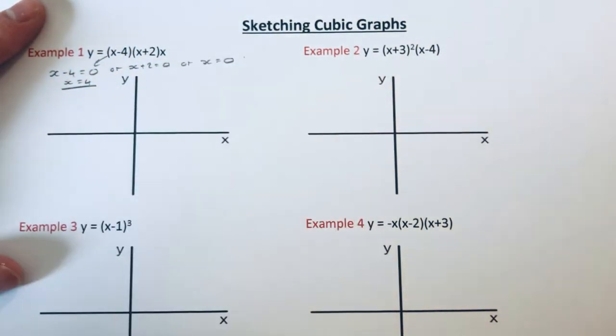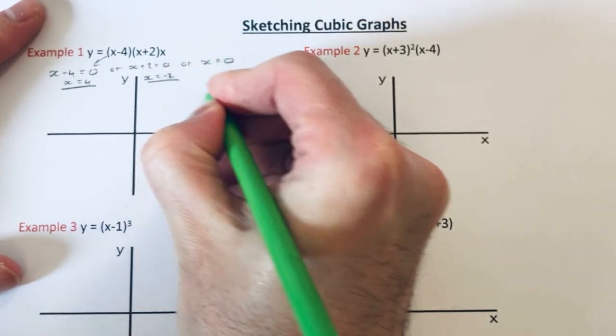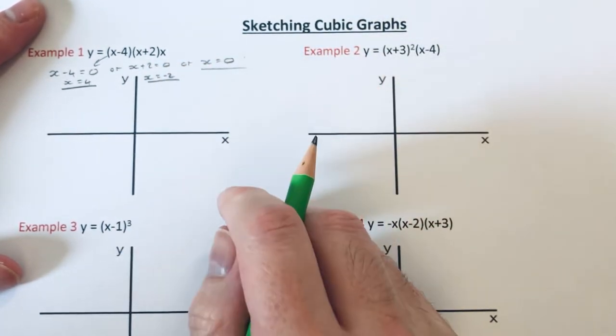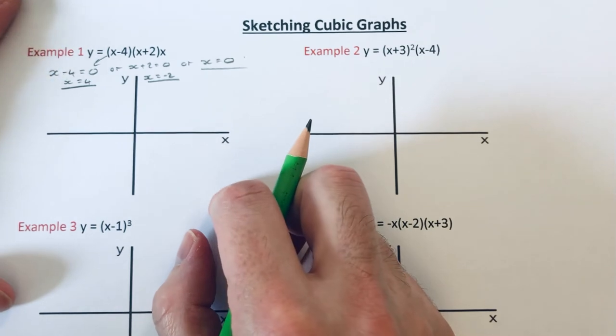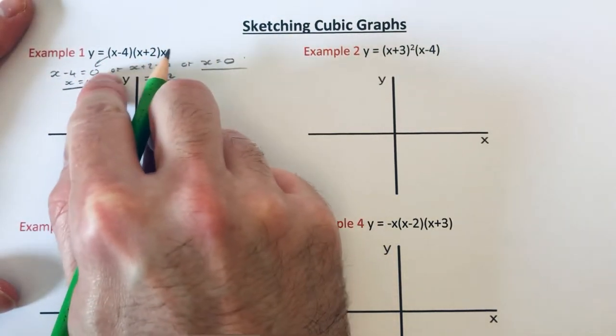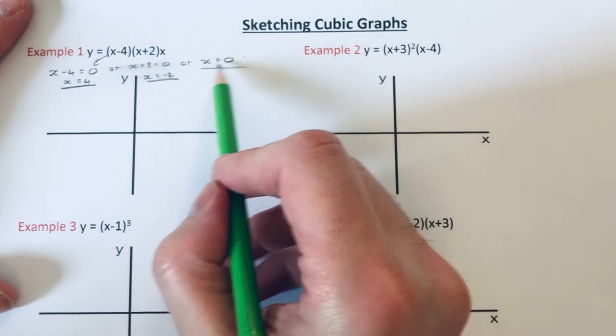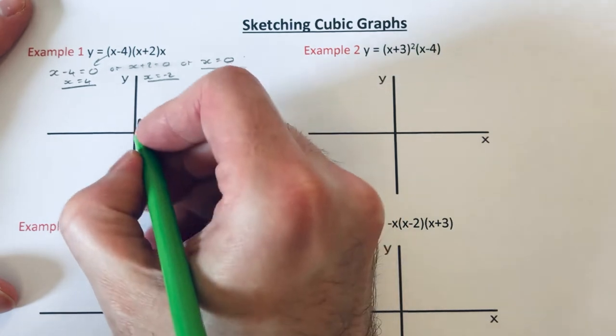Solve this one by subtracting 2, so that's x equals minus 2. And the third one is already solved. If the cubic hasn't been factorised, you'd have to do that first of all. So we can now plot these 3 points on the x-axis.